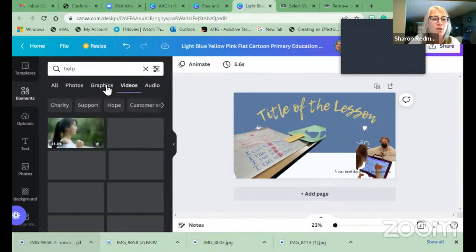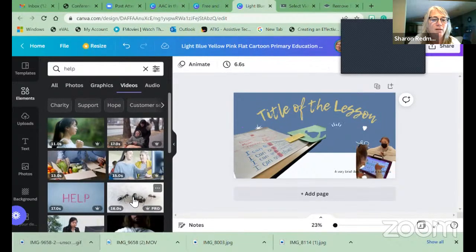We can choose videos of help. They can give different ones, which really brings that idea of schema and background building, right? That building of their background knowledge of what help means. So it is such a powerful tool.